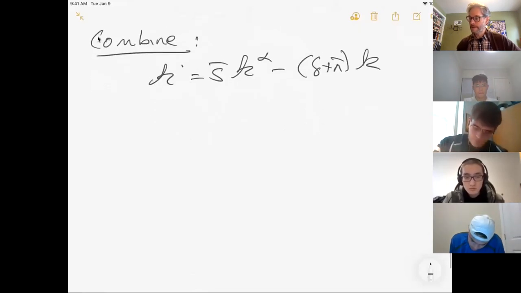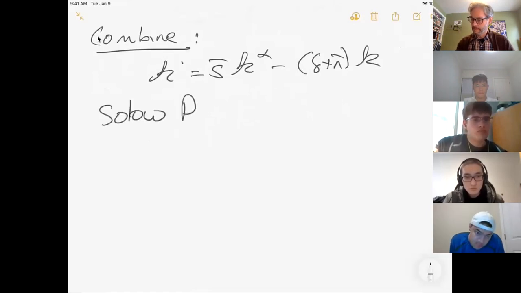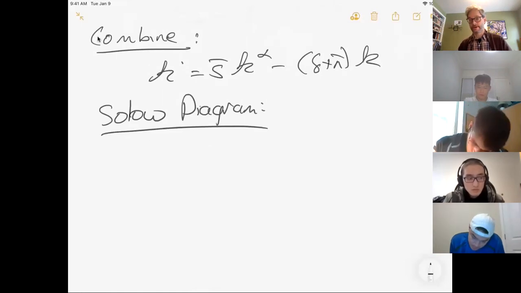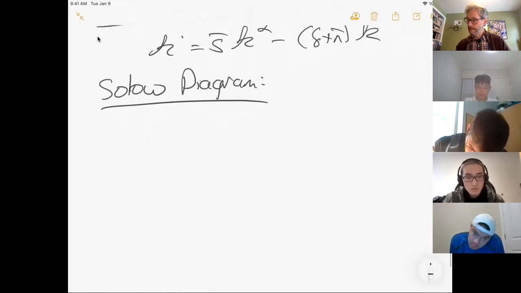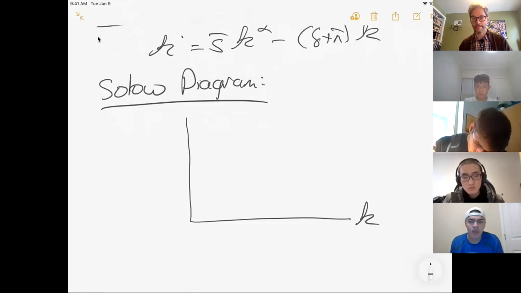And so the easiest way to understand this equation is to think about visually what's going on in what we'll call a Solow diagram. And the Solow diagram is just really trying to understand this equation. Specifically, what happens as the capital to labor ratio, small k, goes up.